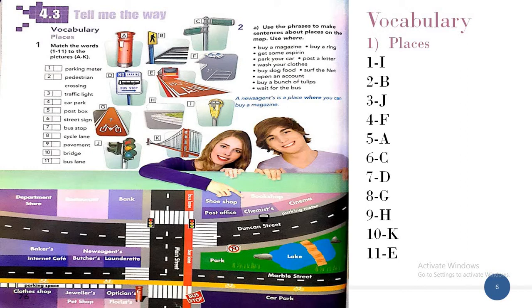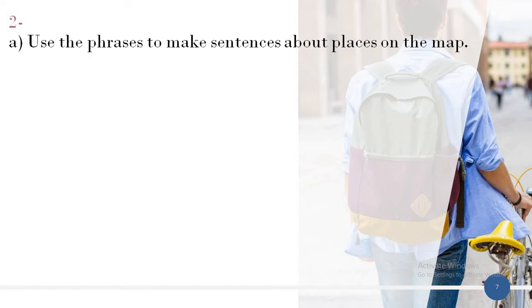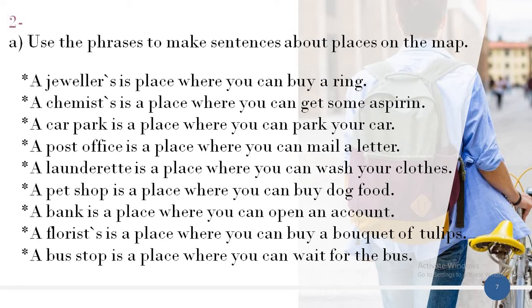And now let's move to the answers. The question is, use the phrases to make sentences about places on the map. So these are the answers. Buy a ring. A jewelry shop is a place where you can buy a ring.